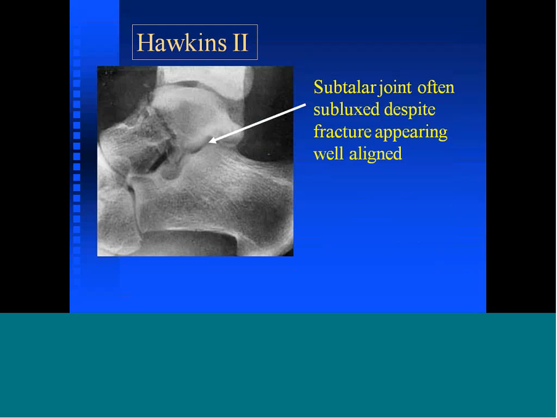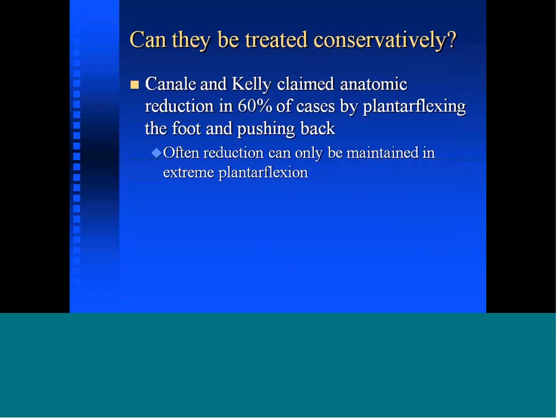So even if you see a fracture that looks fairly well aligned, you have to always be wary of the possibility of some subluxation of the subtalar joint, and again, that being better defined on CT scan imaging, which is always recommended whenever you have a talar neck fracture.